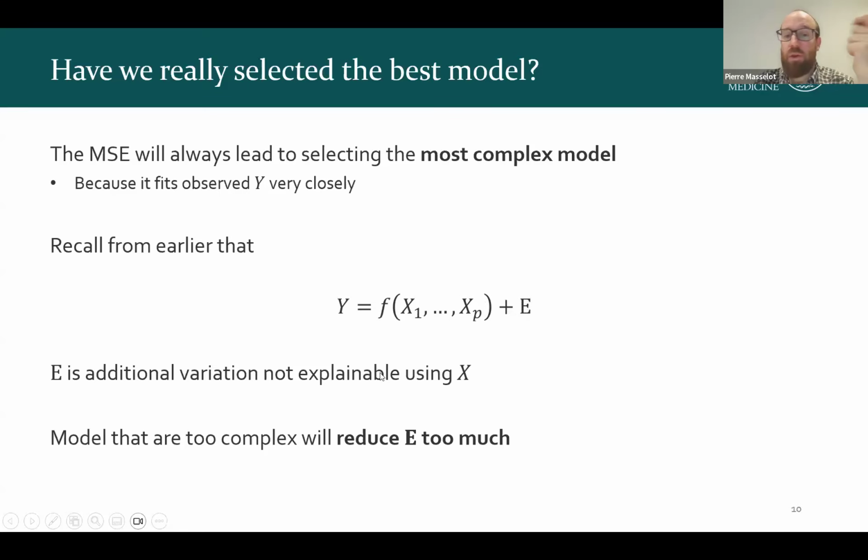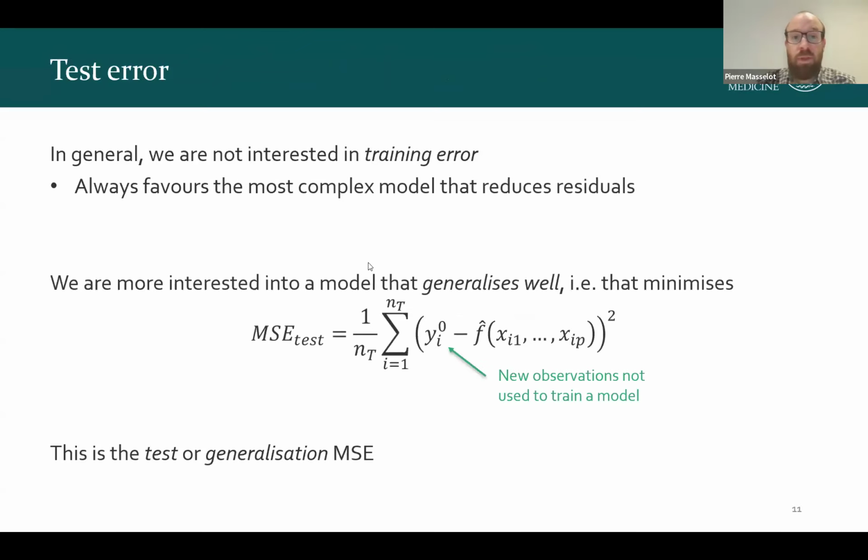What happens when we have a model that is too complex is that it will start to also model this error, which is not part of what in Y is due to its association with X. And so it will try to reduce this error way too much. This is what we call overfitting.